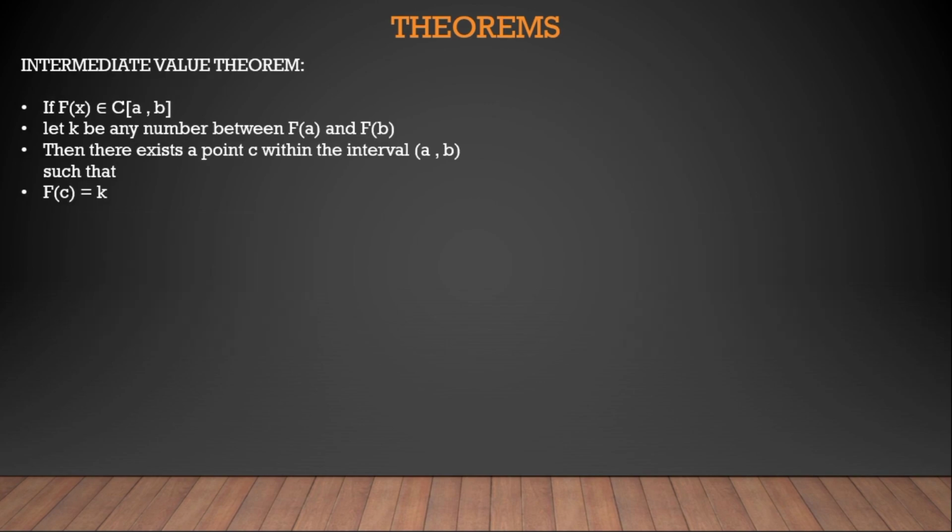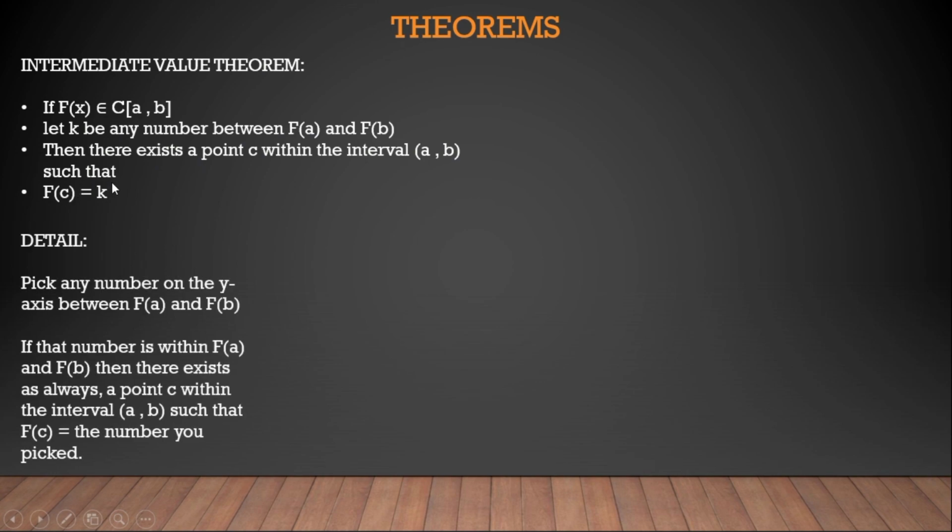We have another theorem, sorry, in numerical analysis, which is called the intermediate value theorem. The theorem states that if f of x is continuous on a comma b, and let k be any number between f of a and f of b, then there exists a point c within the interval a comma b such that f of c is equal to k.